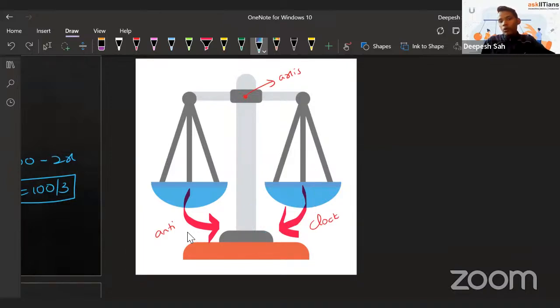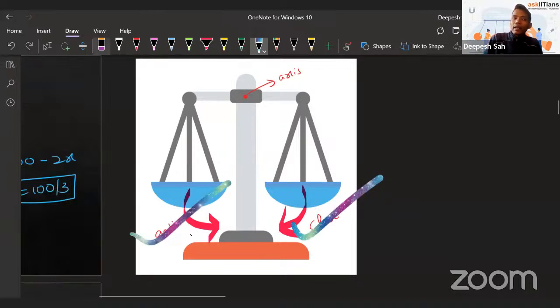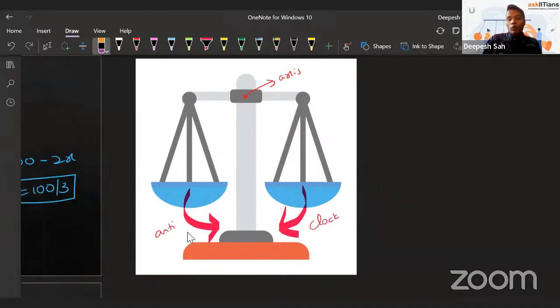Now, in both situations, if the body is not going down or up, not changing its position, then we can say that the clockwise torque is equal to the anti-clockwise torque. It is exactly like the method when we say the forces acting left and right of a body are equal to one another.